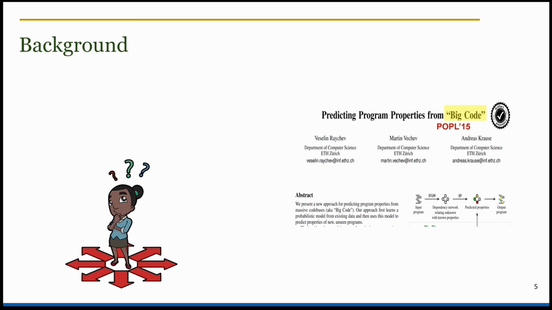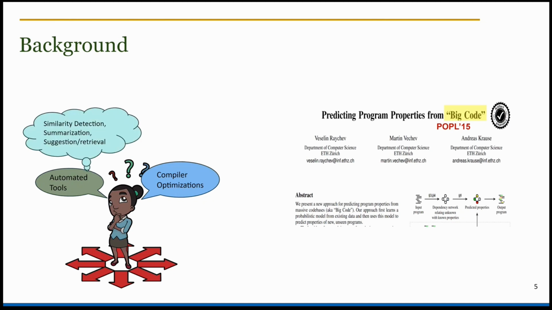So using this code, what do we get, right? If we manage this big code properly, it can be useful in a variety of tasks. Say we have automated tools for software engineering at one end of the spectrum. This essentially means applications like similarity detection, where given two different source codes, we check if they are similar or if they do the same job or not.